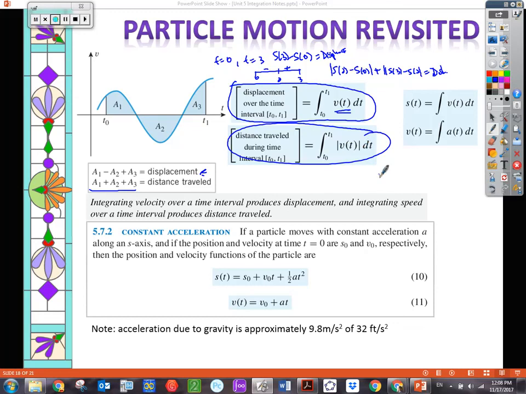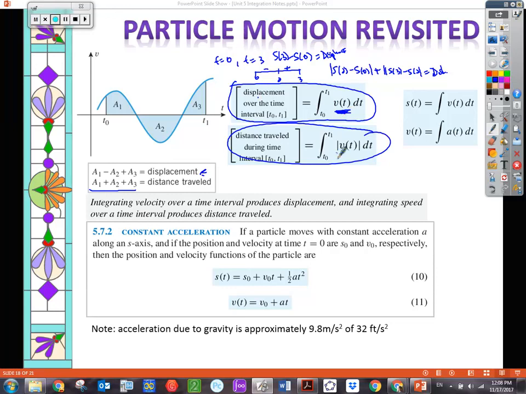Some students want to put the absolute value on the outside here. That really doesn't do anything except make our displacement positive. I would need to take the absolute value of the actual velocity function and force it to be positive all the time. Okay, so that's how we would do distance with an integral. Again, we're integrating velocity. When we integrate regular old velocity, that's displacement.